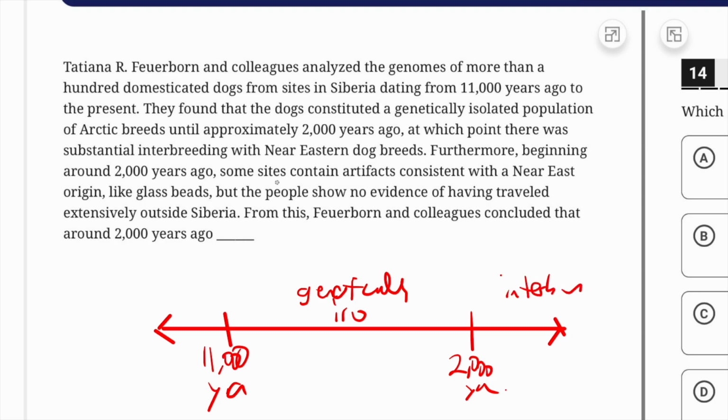Furthermore, beginning around 2,000 years ago, some sites contain artifacts consistent with a Near East origin, like glass beads, but the people show no evidence of having traveled extensively outside of Siberia. From this, they concluded that around 2,000 years ago, people came to the area from the Near East.